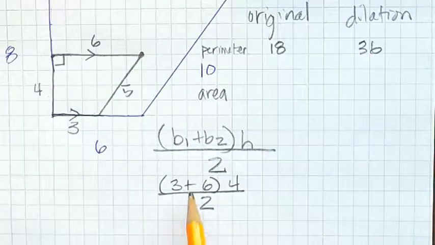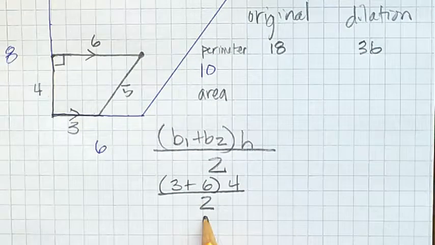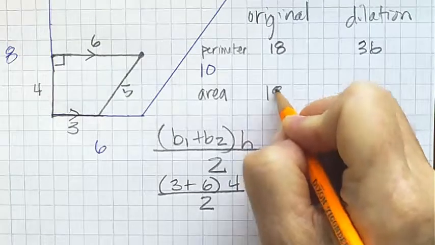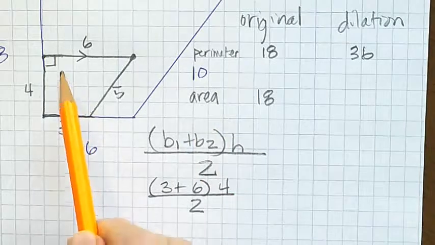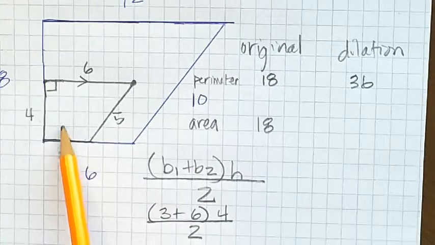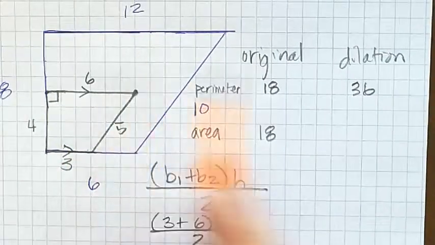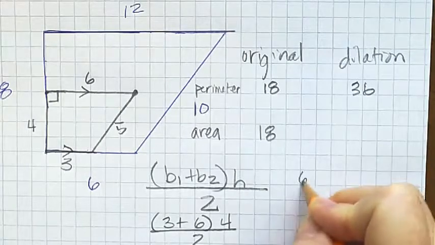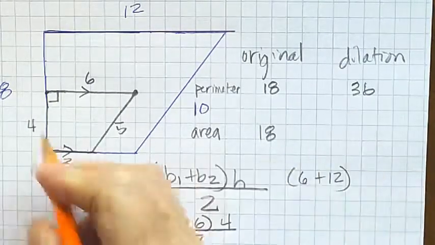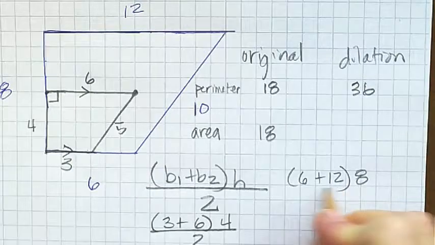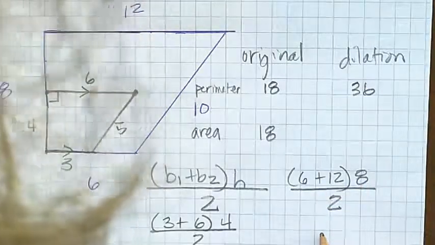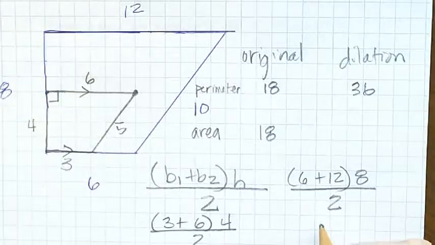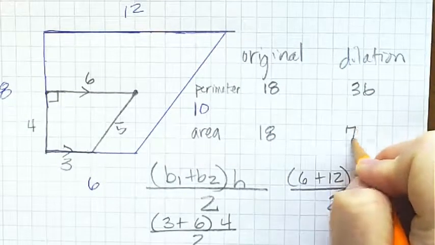So that would be 9 times 4, which is 36, divided by 2 would be 18. Now I'm going to do the area of my dilated image. That would be 6 plus 12, my height is now 8, times 8, divided by 2, so 18 times 8 divided by 2 would be 72.